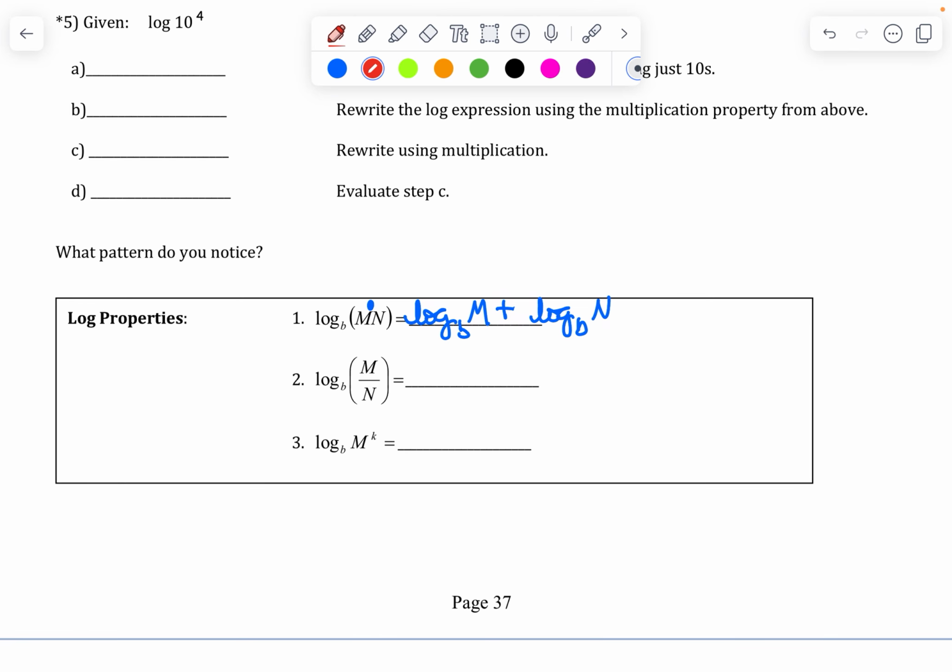So I'm going to jump to this page 2. So this is page 2. And just a reminder, multiplication expands as an addition. Division expands as subtraction. And then you can move your exponent in front.